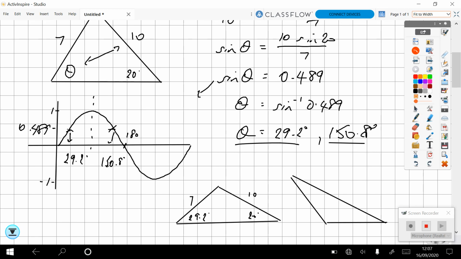So this now has 150.8 degrees here, 20 degrees here, 10 there, and 7 there. There are two triangles that fulfill the original conditions, and you have to be quite careful using the sine rule to make sure that if there's a second angle, that you do actually find it.